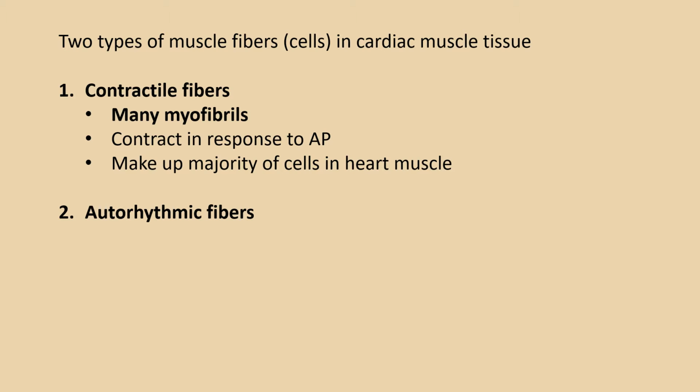So if you've ever seen a real heart from some type of organism, maybe you've dissected a heart, most of those muscle cells are contractile fibers. They're beefy. They have many myofibrils, so thick and thin filaments, remember, make up myofibrils. And they generate force in response to an action potential, just like skeletal muscle cells do.